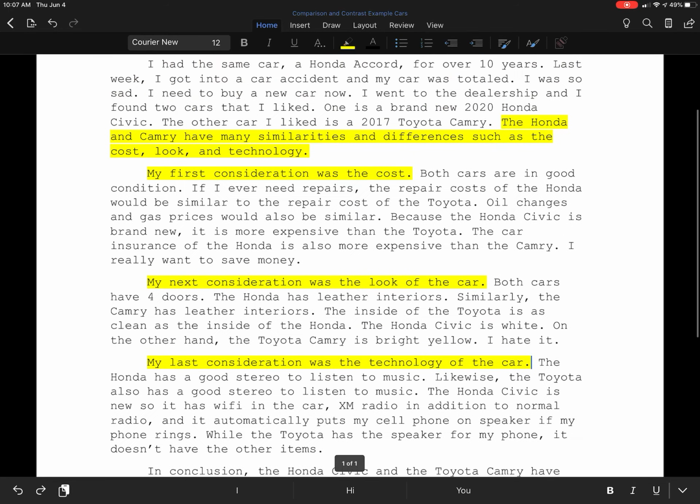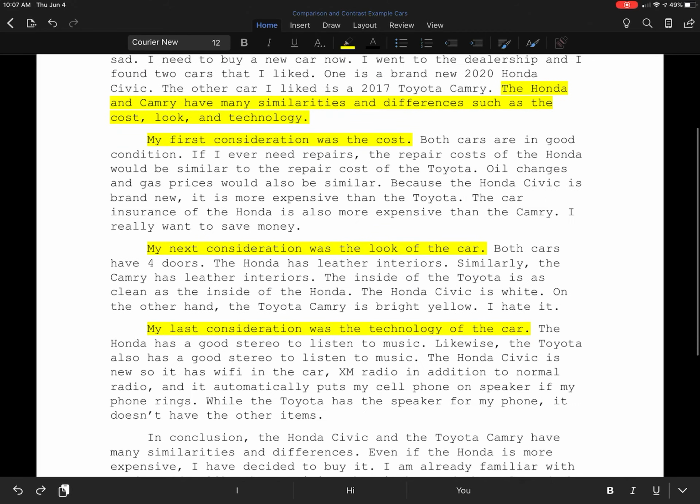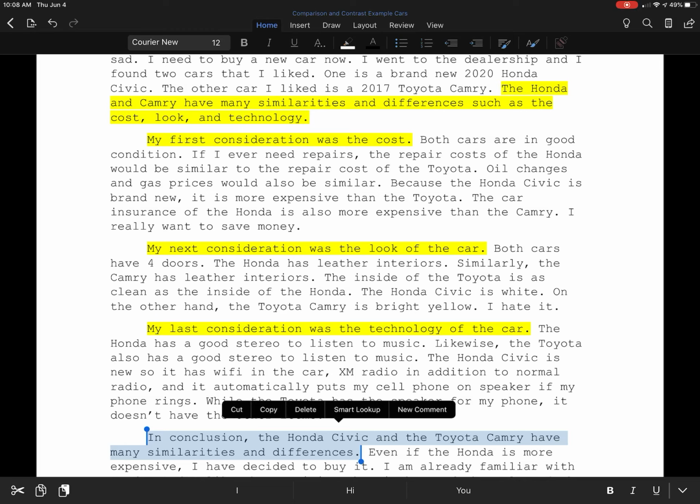So we've got my 1 introduction, the thesis at the end. We have my 3 body paragraphs, at least one similarity and one difference for each. Again, I need to say my thesis one more time at the beginning of the paragraph.